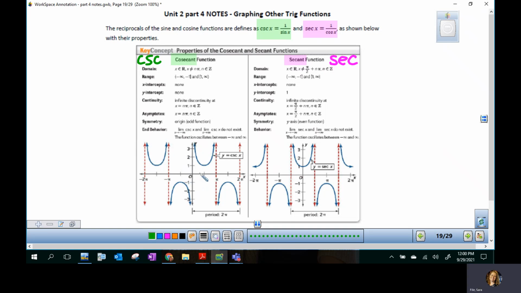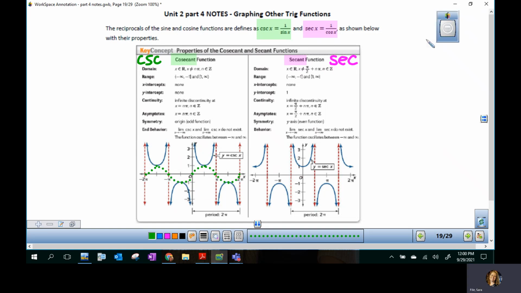Remember, sine for one cycle goes through the origin up to 1, 0, -1, 0. So here's a cycle of the sine curve, and then it could go in the negative direction as well. I'll go ahead and sketch that. So this is the sine curve, the dotted green line here.